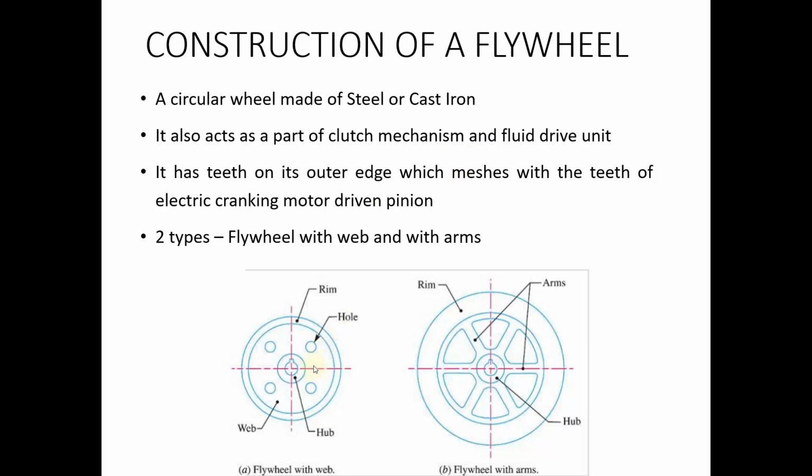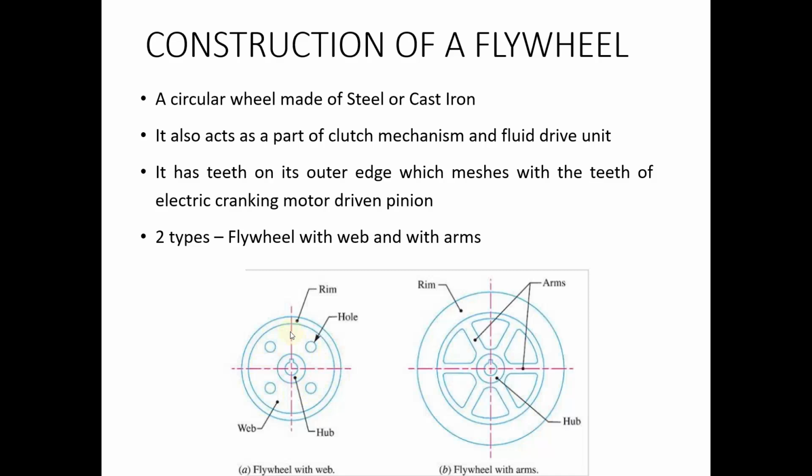Here the crankshaft will be inserted through this hub, and the hub portion will be bolted to the crankshaft. And the other portion, the outer portion of the flywheel not facing the crankshaft, will be in contact with the other portions of the single plate clutch mechanism.